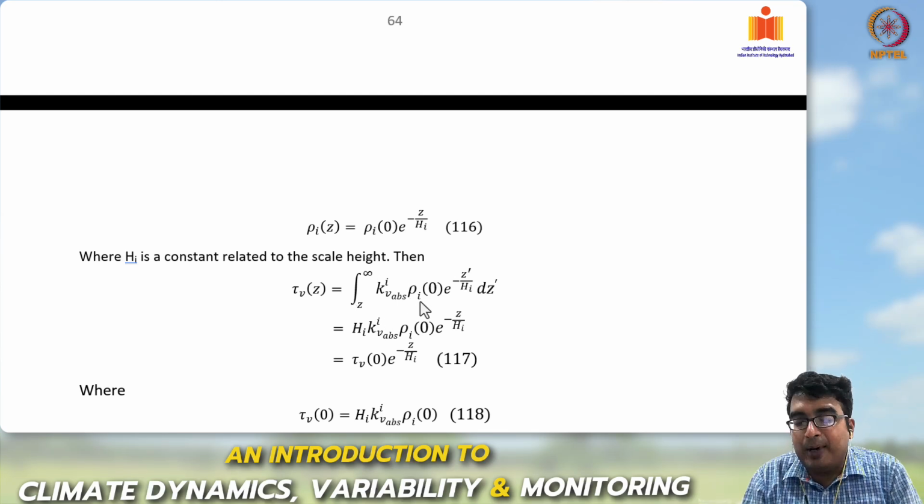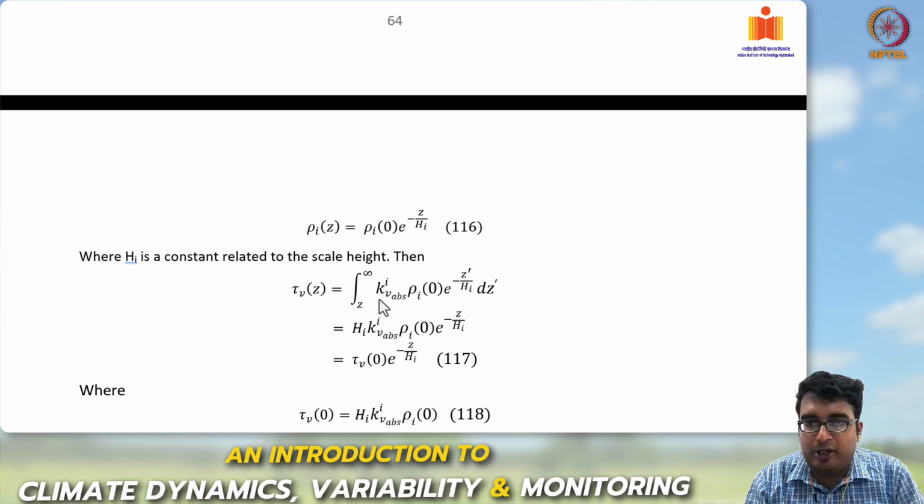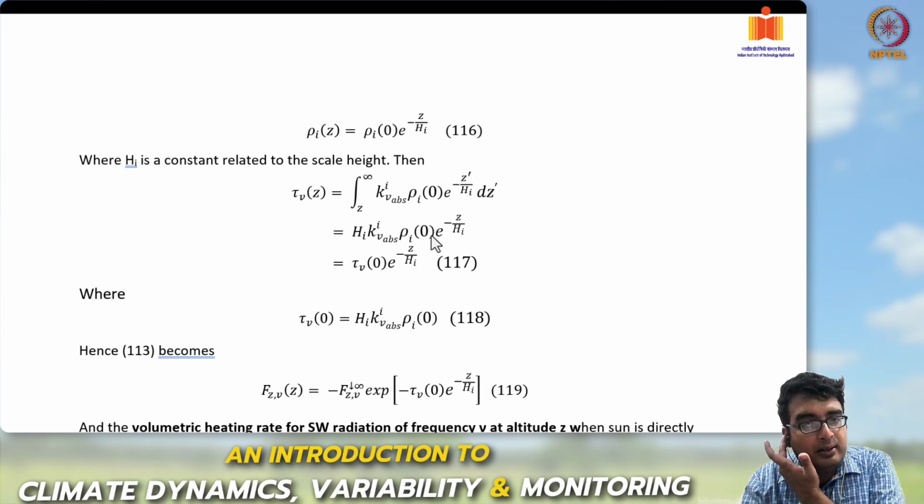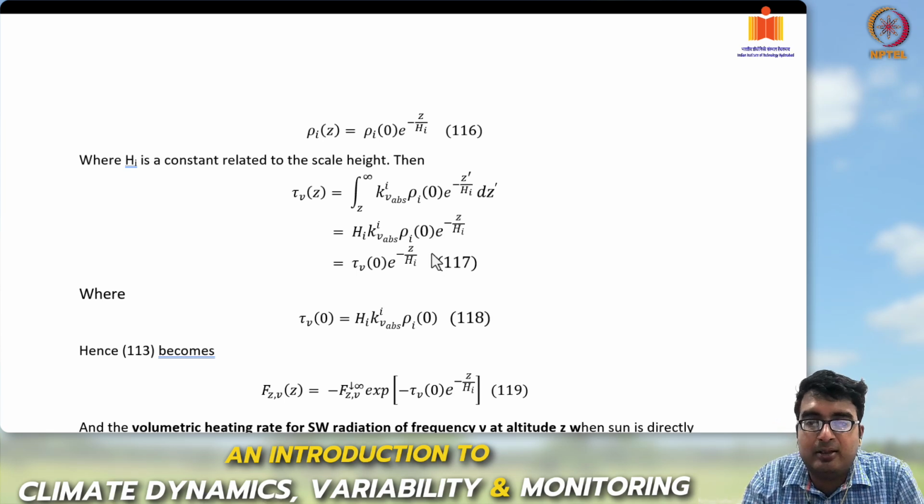Rho_i0 is the partial density at sea level, which is also not a function of z, so that can go out. Then you can just integrate this from z to infinity, and you will get the scale height for that absorbing species, mass absorption coefficient of that species, partial density of the species at sea level. All of these can be easily evaluated using either known data or instrumental experimentation, and the exponential term minus z by h_i, which is the only z dependent term.